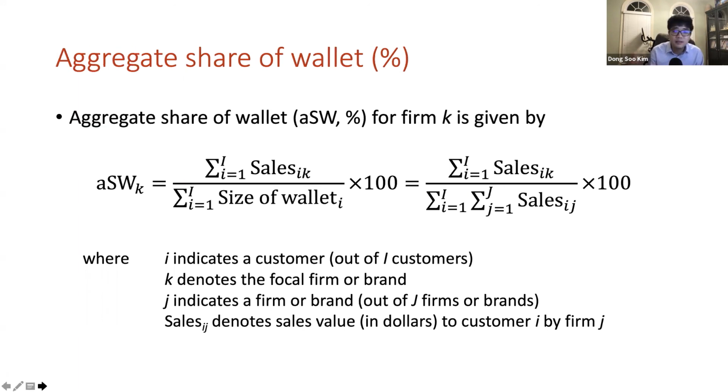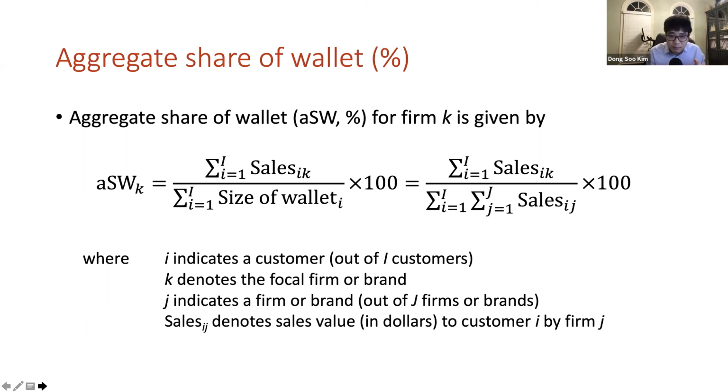So sometimes we need a good summary of those different numbers by the firms. The second version of share of wallet is aggregate share of wallet, which summarizes the individual share of wallet values by firms. So it is defined for each firm or each brand.